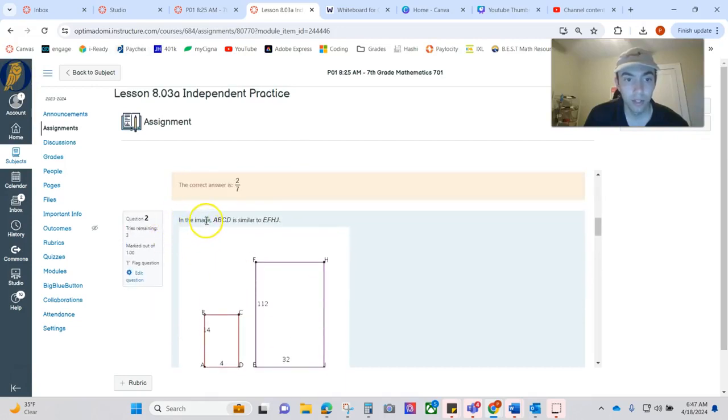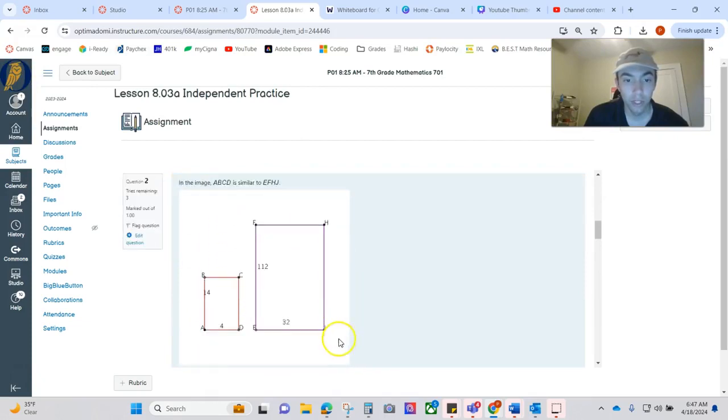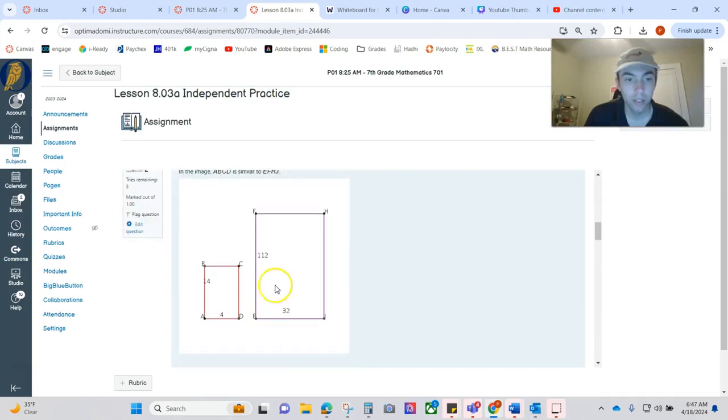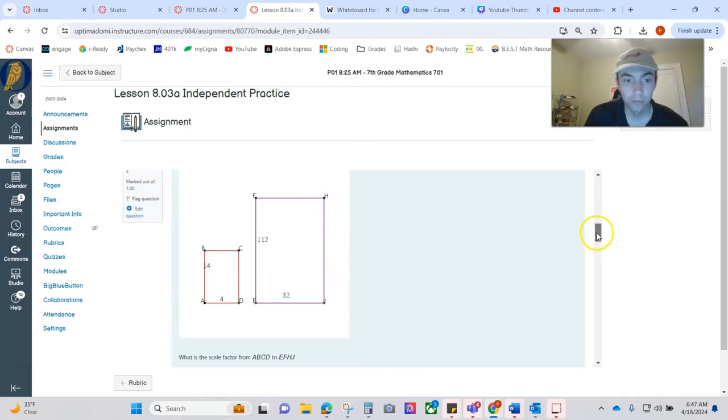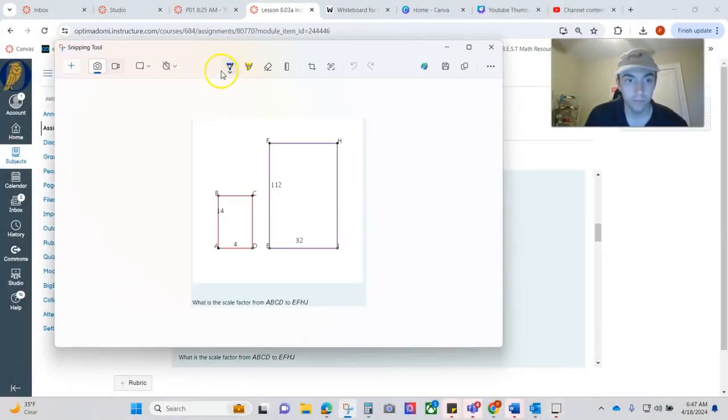Question 2. In the image, ABCD is similar to EFHJ. What is the scale factor from ABCD to EFHJ? Well, now we're going from small shape to big shape. Scale factor is kind of like, what do I multiply the small rectangle by to get it to be the big rectangle?